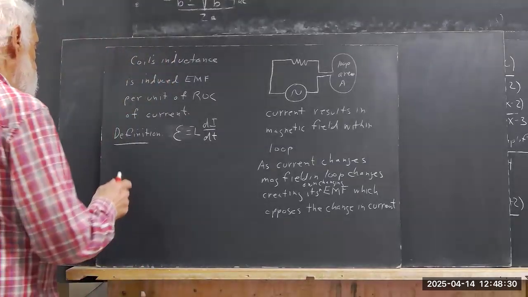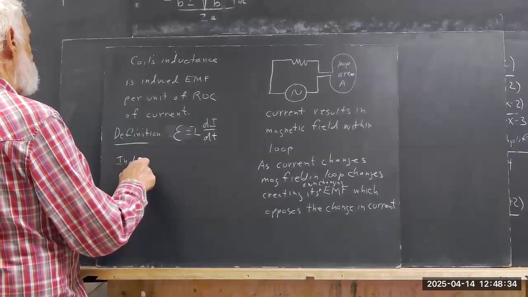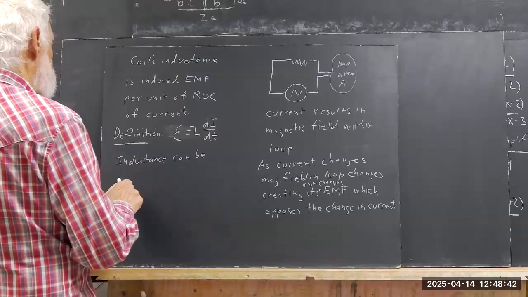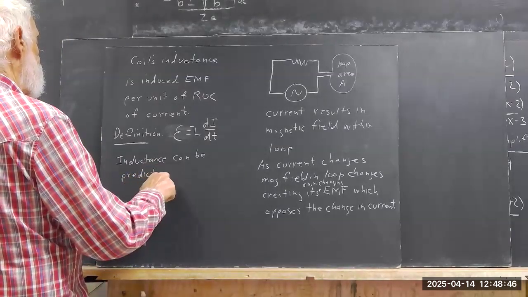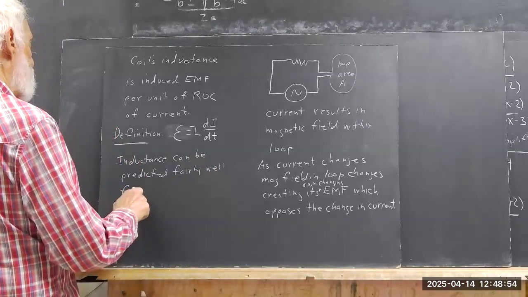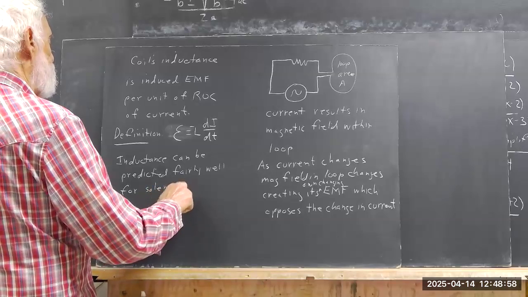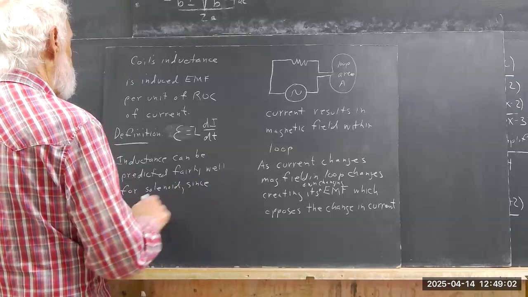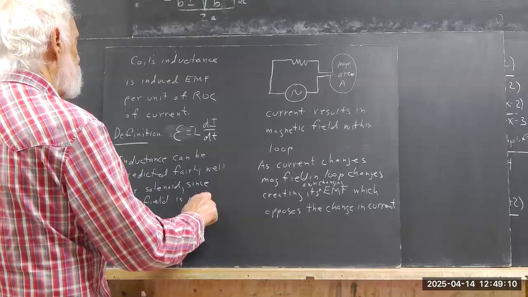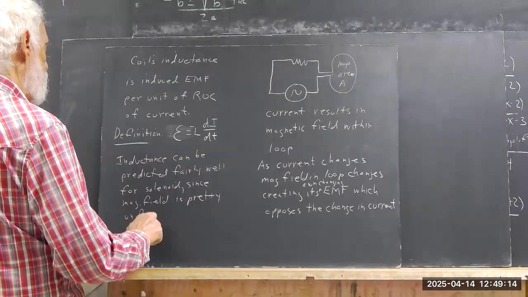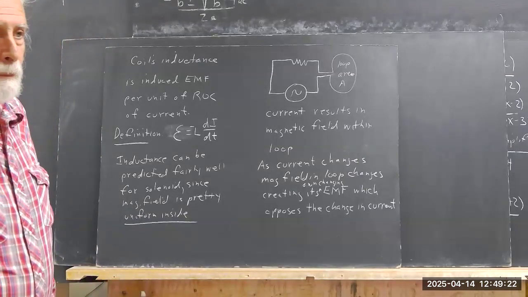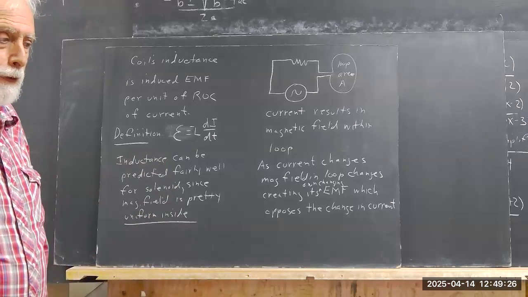So inductance can be predicted fairly well for a solenoid, since the magnetic field is pretty uniform; Ampere's law, with a couple of symmetry arguments, ensures that.